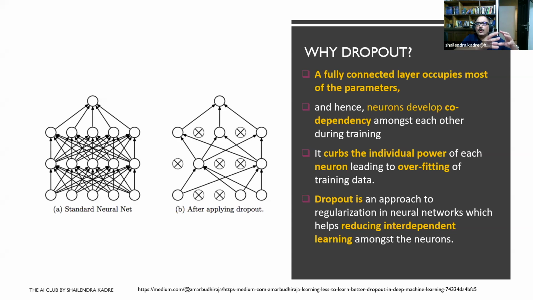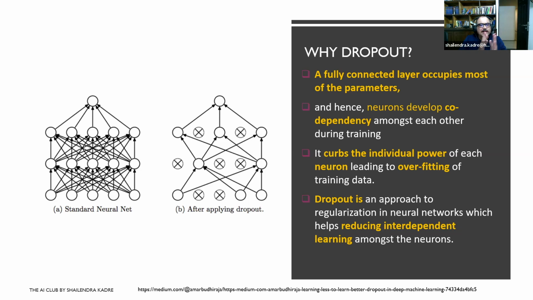So we don't want that. We want all the neurons of a particular model to learn independently for more generalization. If local dependency is developed, then there is more chance of overfitting, and we don't want that kind of model. So what we want from our training is that each and every neuron of our model should learn independently.